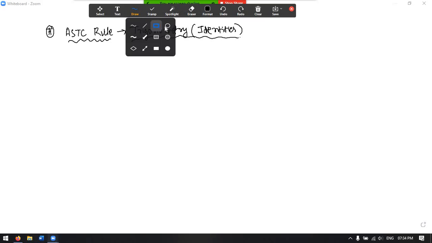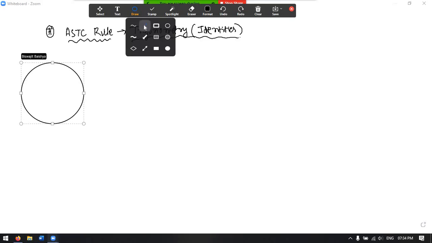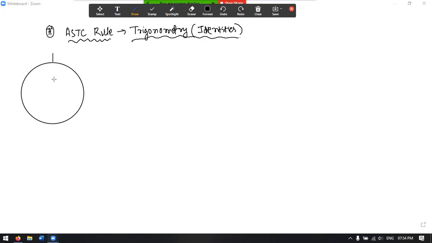Let us start. When we think about trigonometry, we basically think only of triangles, but trigonometry becomes easier when we think of it as a circle.